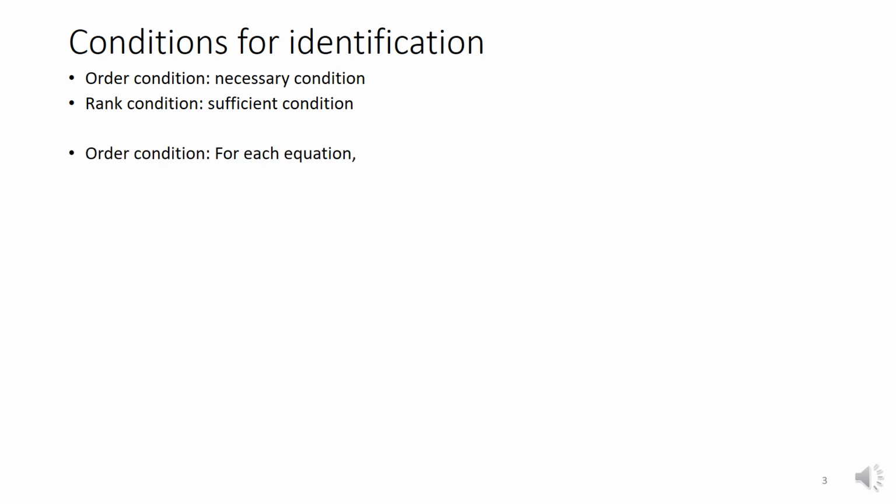For the order condition, for each equation that we look at, we have to make sure that the number of excluded predetermined variables is greater than or equal to the number of included endogenous variables minus 1.